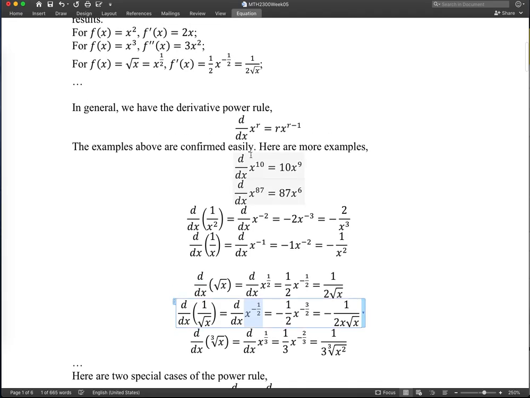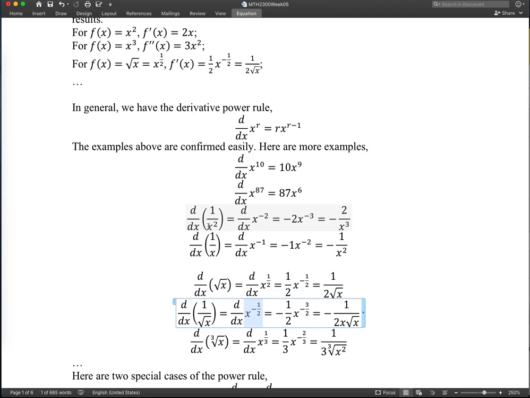Power rule. I say the power rule, it is very powerful. Keep in mind, in order to apply the power rule, you need to have some very simple power functions. Like 1 over x squared, you are simply not allowed to jump to the denominator, or simply it is not correct to jump into the denominator.